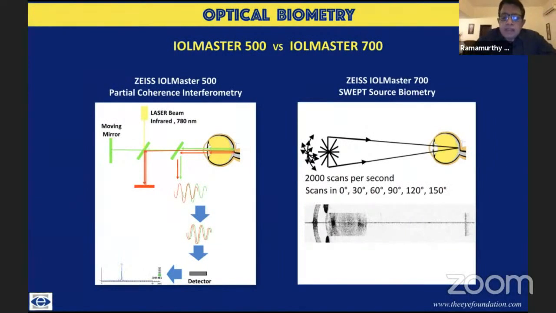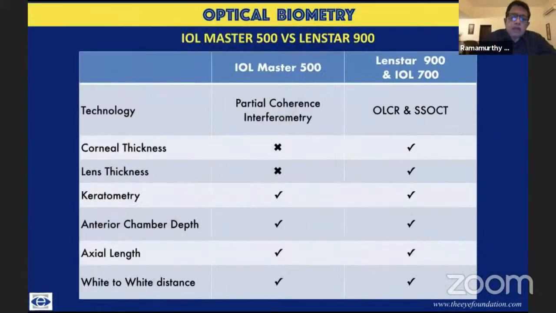There are more than 2,000 scans per second measured with the Swept-Source OCT, and the scanning is done at 0, 30, 60, 90, 120, and 150 degrees. So it gives a multi-dimensional view of the entire eye, right from the corneal epithelium to the retinal pigment epithelium, and this is analyzed by the instrument's software to give us all the data that's required.